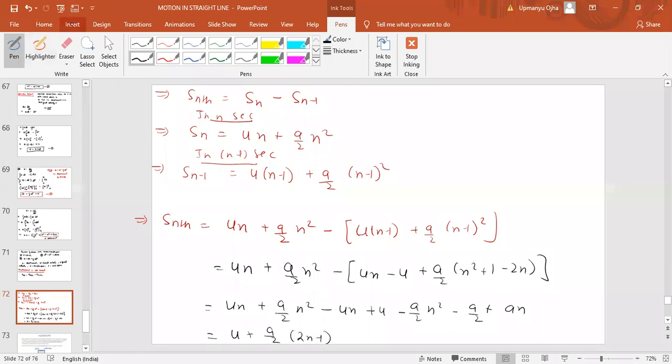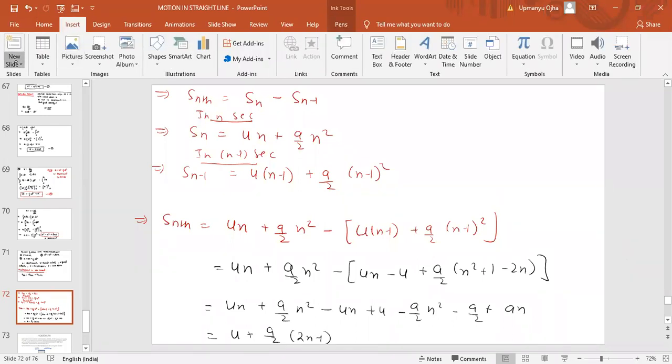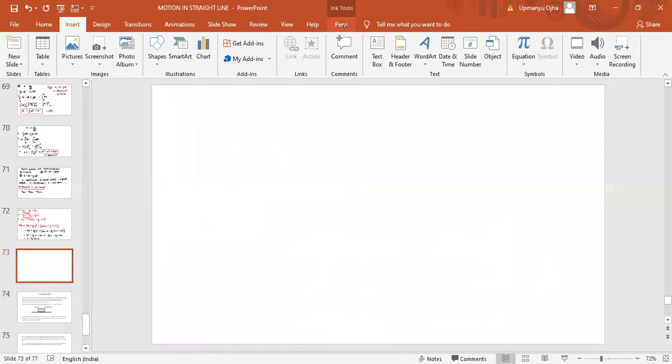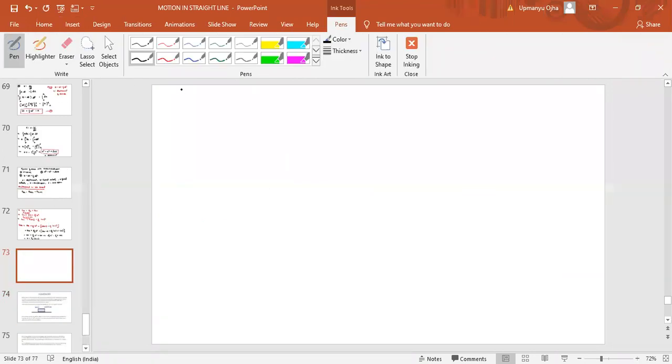So the formula for the displacement in the nth second is given by Sn equal to u plus a by 2 (2n minus 1). That is the answer.